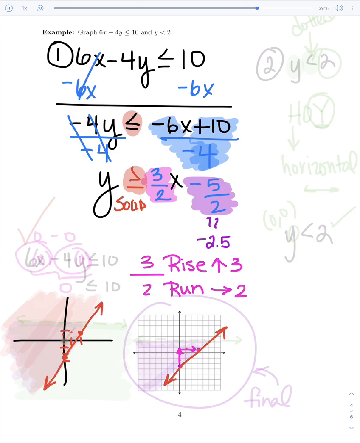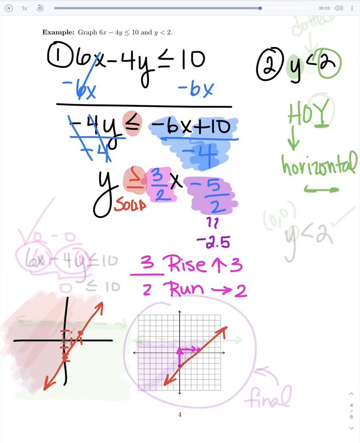Okay, now let's look at our second graph. Our second graph was y is less than 2. Remember, just like the last one, this is one of our special pictures. This is a y, which means I've got a horizontal line again. Remember, horizontal lines go left and right.